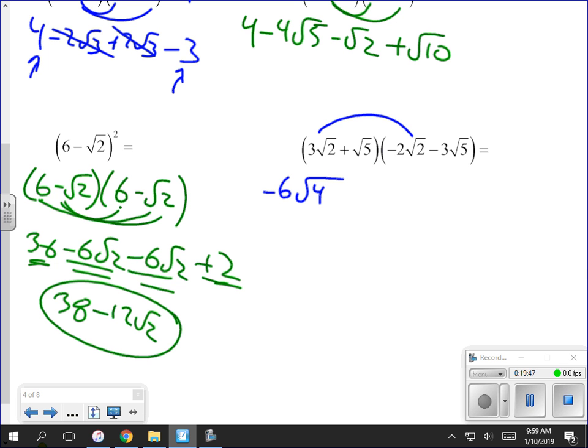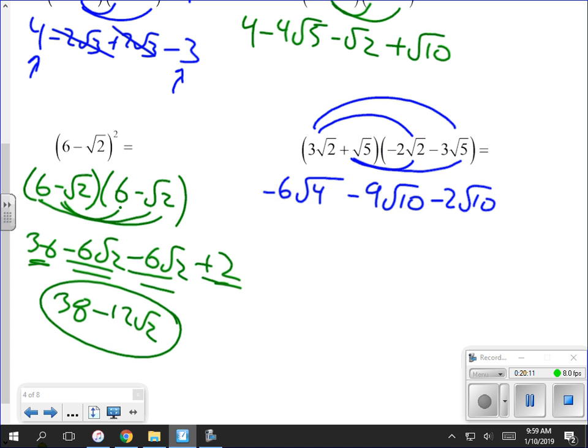Because what is the square root of 2 times the square root of 2? It's 4. Negative 3 root 2 times negative 3 root 5. Minus 9 root 10. Root 5 times negative root 2 is negative 2 root 10.